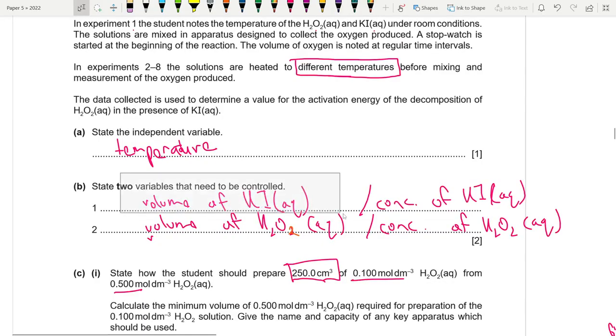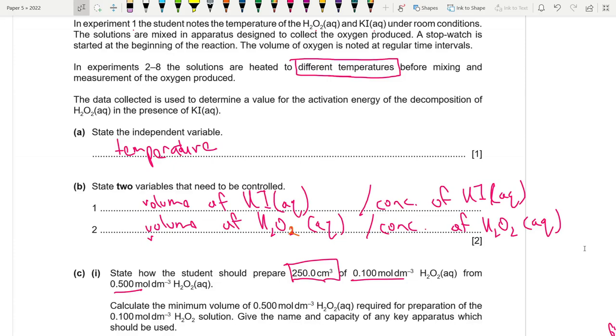You could say that the same volume of potassium iodide or catalyst needs to be added, or the same volume of hydrogen peroxide needs to be used in each experiment. The same concentration of catalyst should be used, potassium iodide, or the same concentration of H2O2 should be used. So any two from these four. Clear? Moving on to part C1.